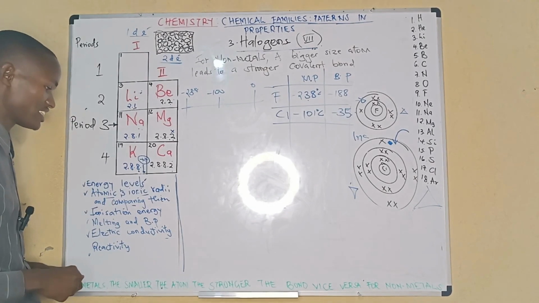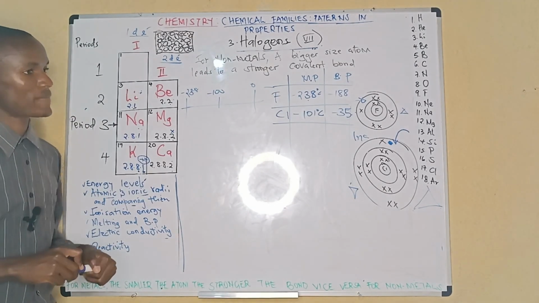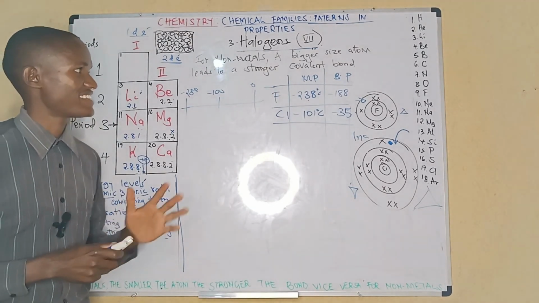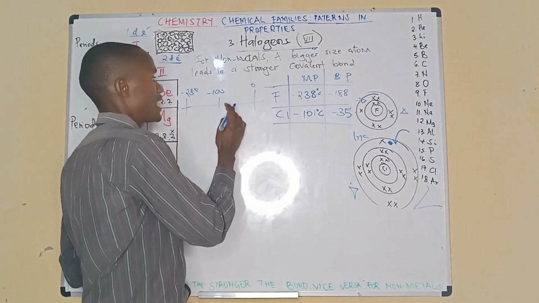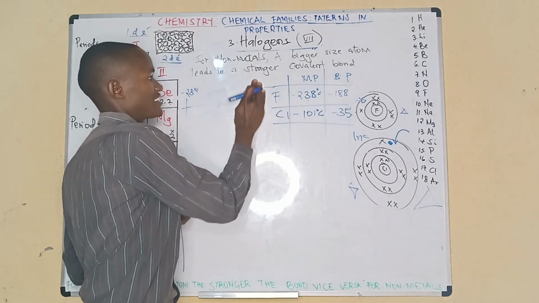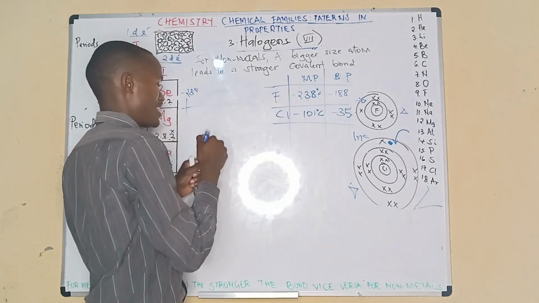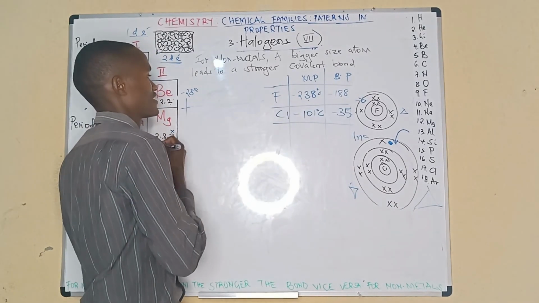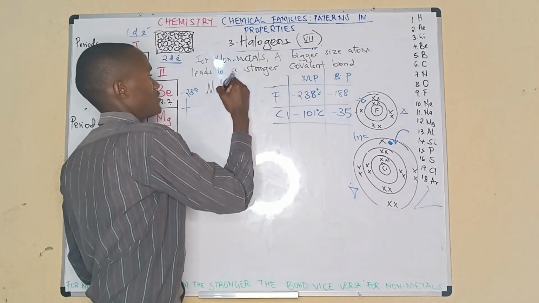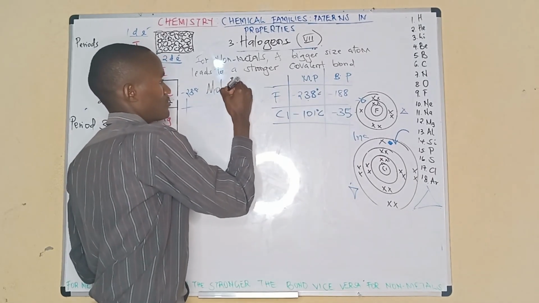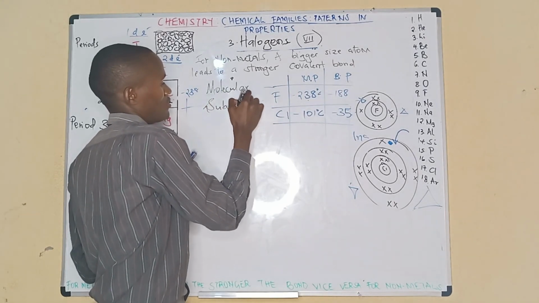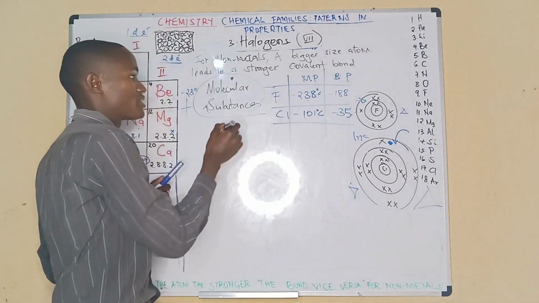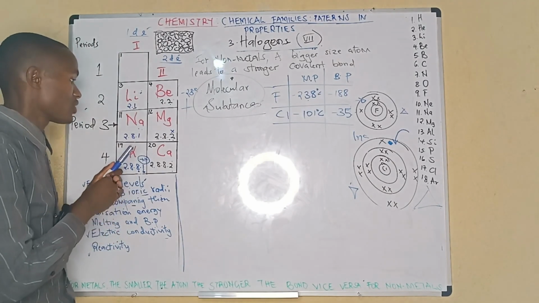Let us go to electric conductivity. As I have just said, these substances or these elements are molecular substances. We say that metals conduct electricity.